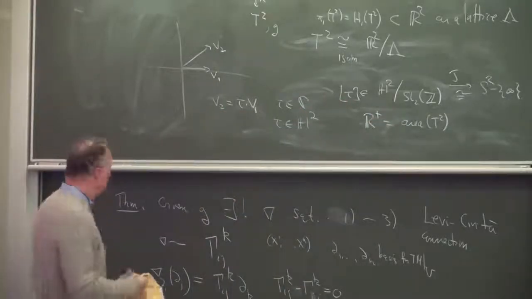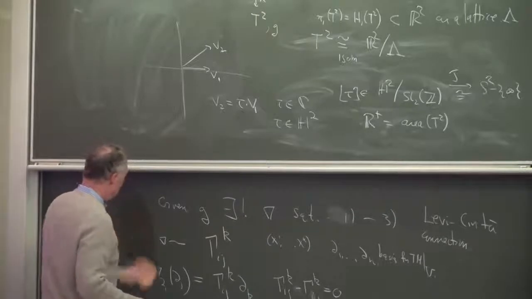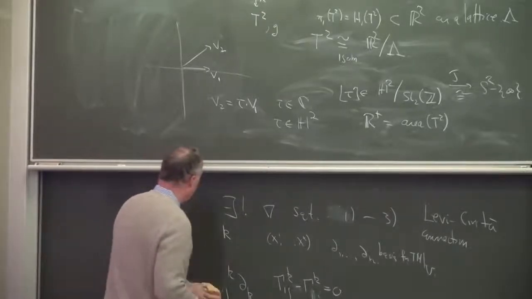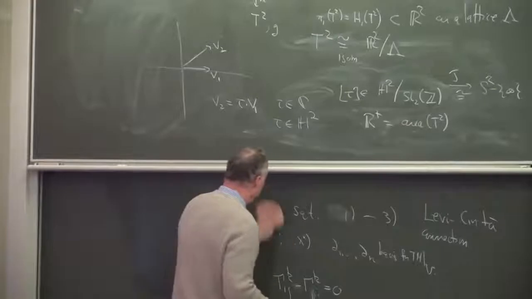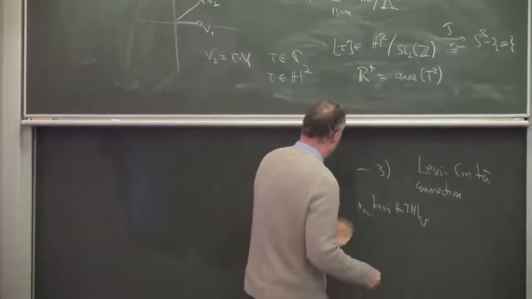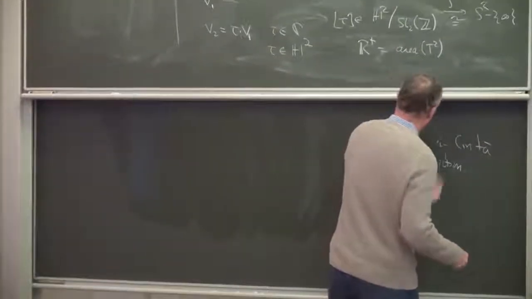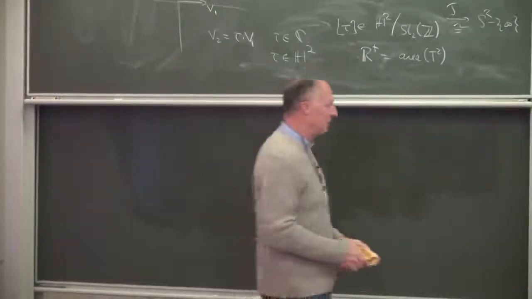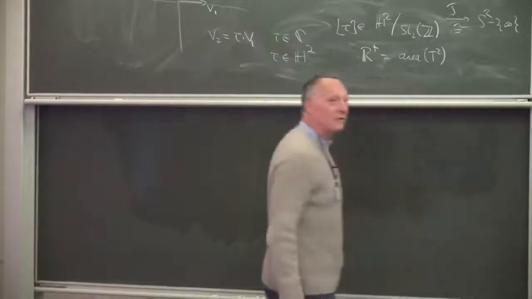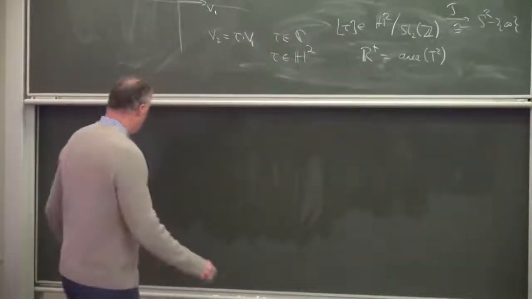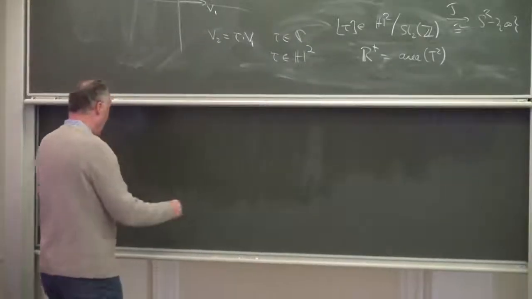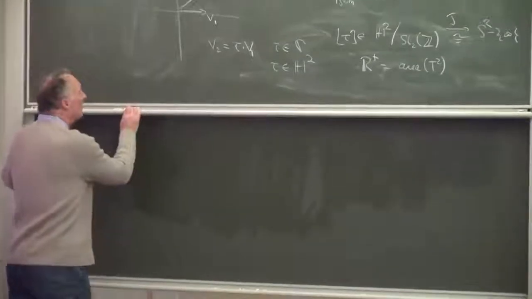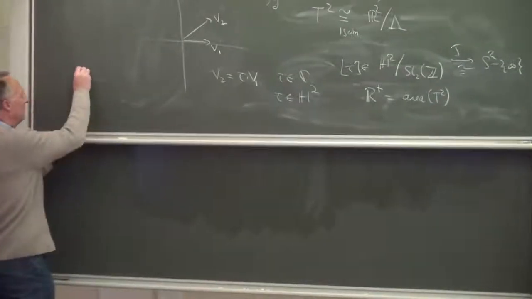Okay. Now, if you move on from the torus to surfaces of higher genus, the situation is even more interesting. The nice metric to write down on a surface of higher genus is a homogeneous metric based on the upper half plane, again the same upper half plane, but this time thought of as the model metric space.